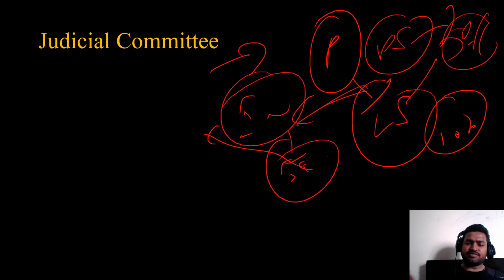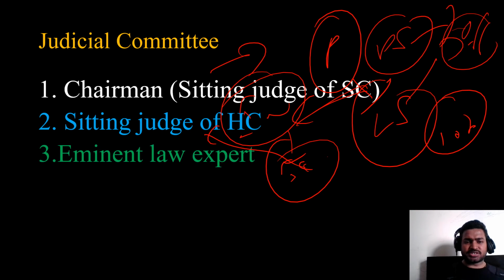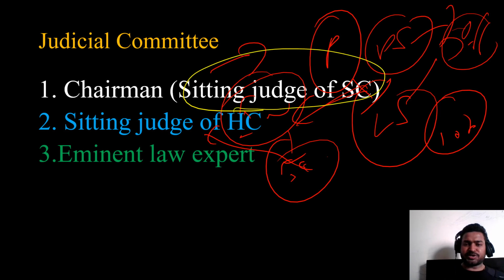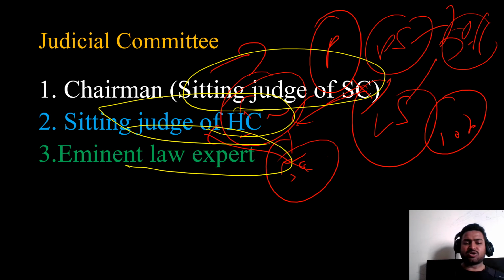This Judicial Committee will consist of 3 persons, as you could see on the screen. One will be the chairperson, who will be a sitting judge of the Supreme Court, and there will be another sitting judge of a High Court, and an eminent law expert.